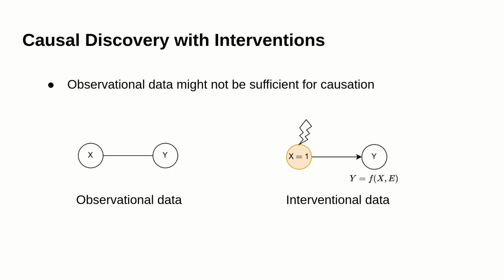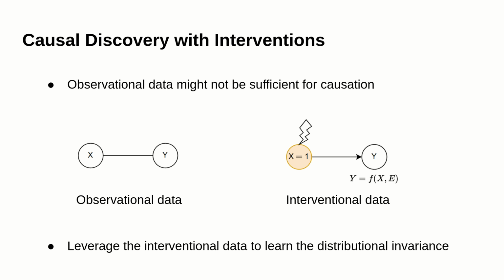For instance, here we set the data generative mechanism of x to be just 1 rather than a random variable, and then we saw the effect on y and eventually figured out that the dependence is from x to y, not from y to x, because if we intervene on y, the x won't get affected. Doing so allows us to use the distributional invariance between both the observational and interventional data to learn more about the structure of the underlying data.